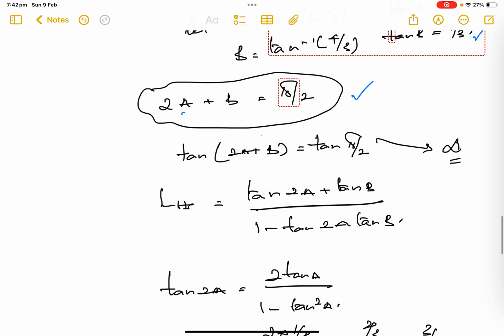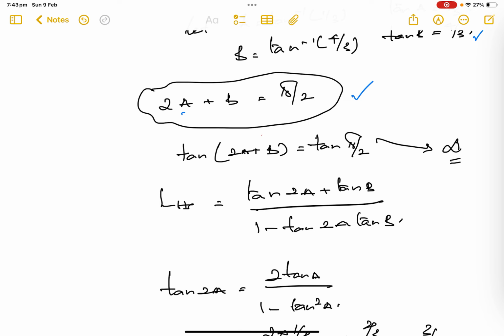Let's deal with this. If we take tan on both sides of 2A plus B equals pi by 2, we have tan (2A plus B) equals tan pi by 2. Tan pi by 2 is infinity.